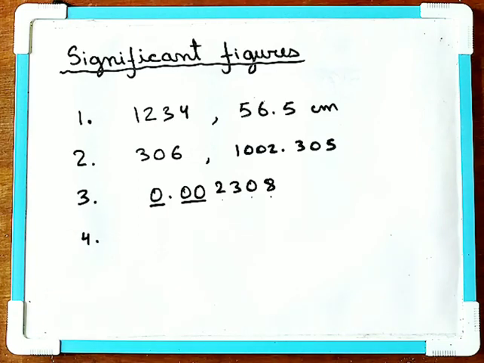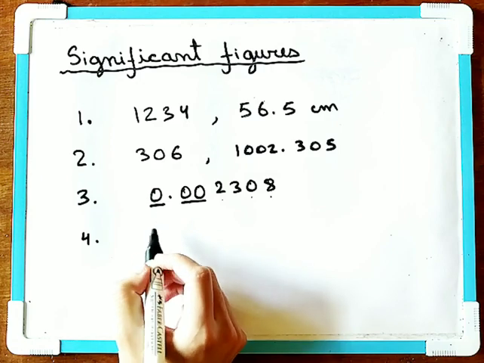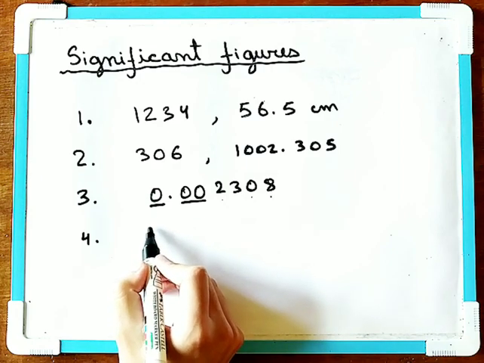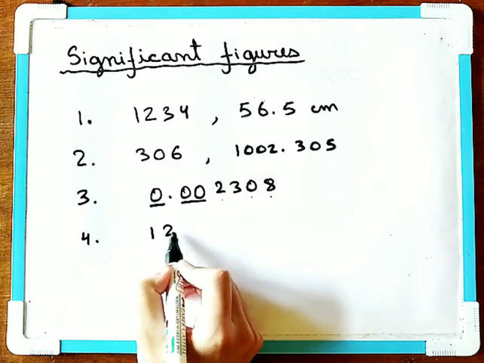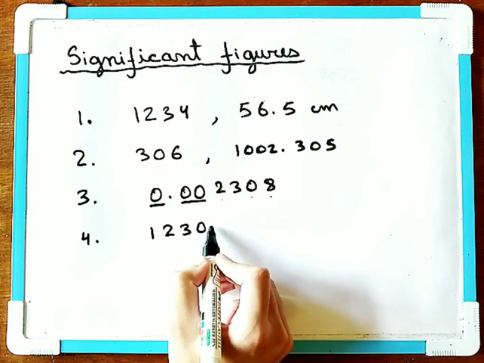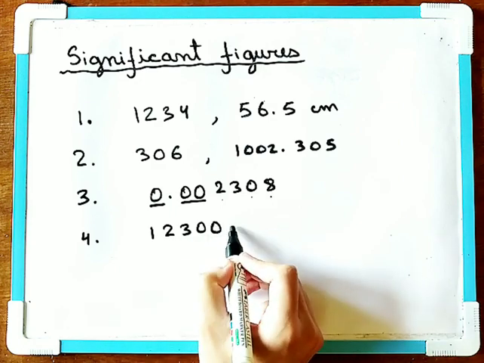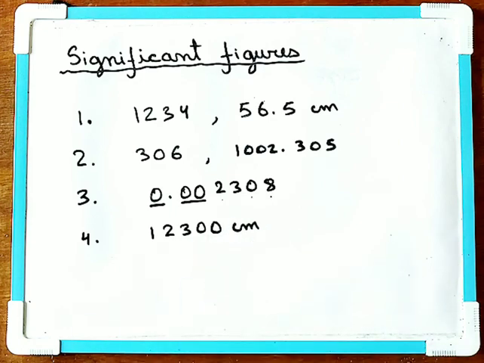Then the fourth rule. The trailing zeros in a number without a decimal point are not significant. If we have a number without a decimal point, for example 12300 centimeter, here we don't have any decimal point.